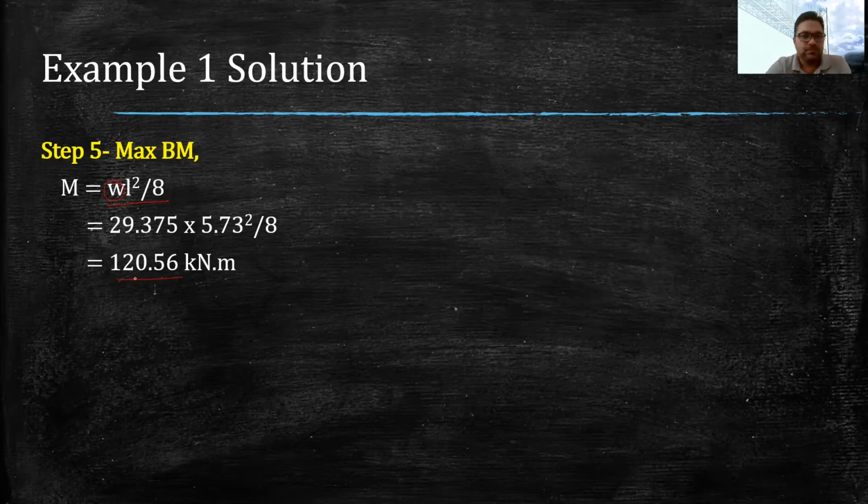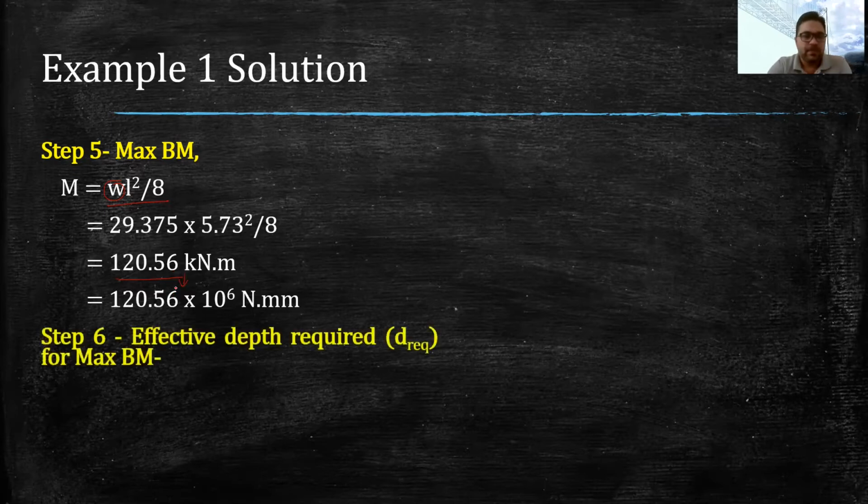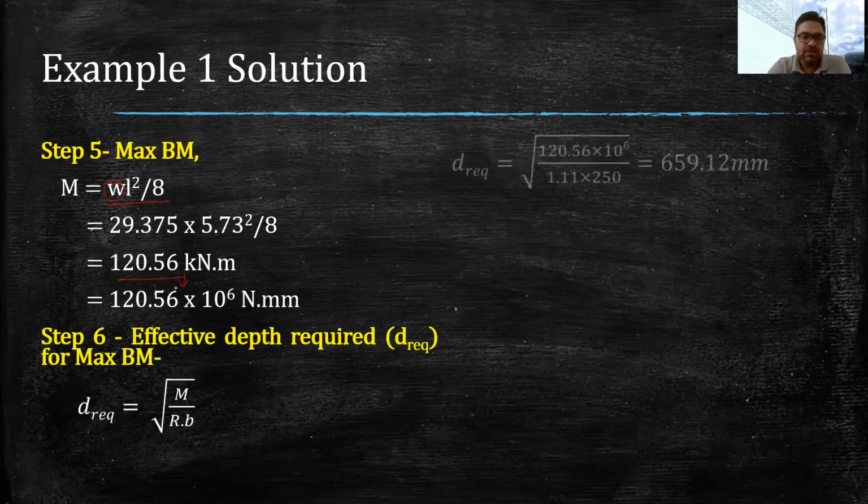Now, after that, we will check how much depth is required. So yes, we can convert the same value into Newton mm also. For the effective depth required, we will use the same formula that we used in the singly reinforced beam. So effective depth required in this case is 659.12 mm.